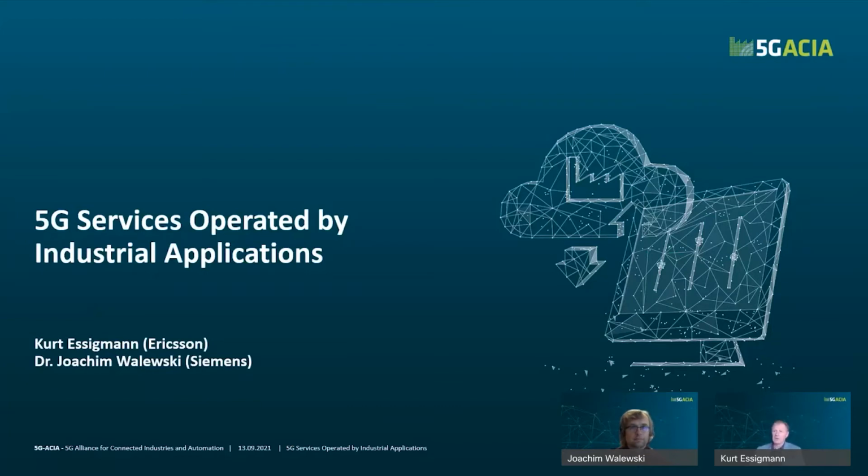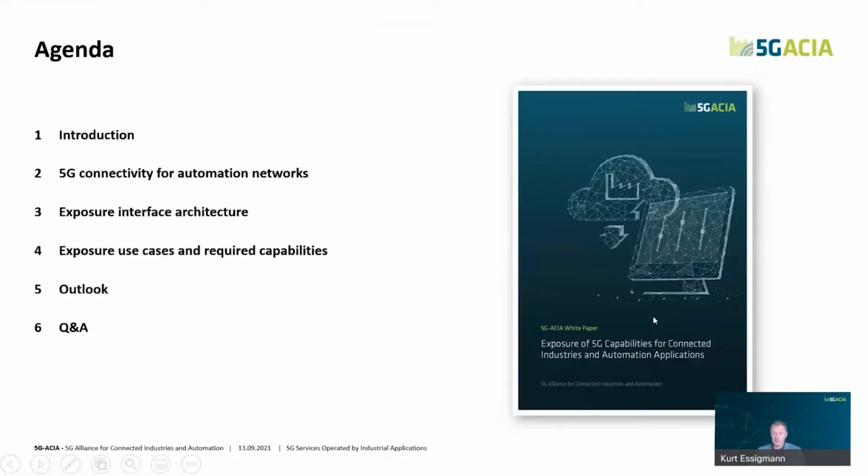So the intention of this webinar is that you will understand in the end how your applications not only can benefit from the highly reliable and low latency communications of the 5G system, but basically also how you can control and how you can steer, in fact operate, the 5G services.